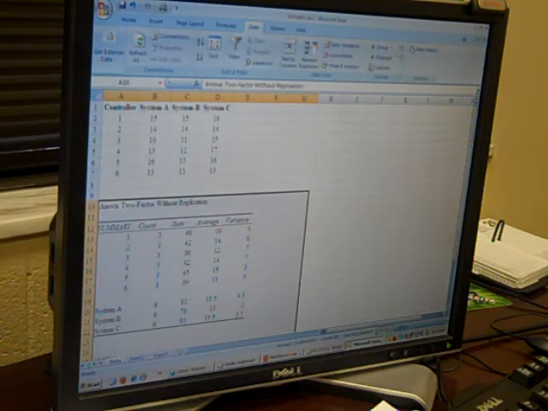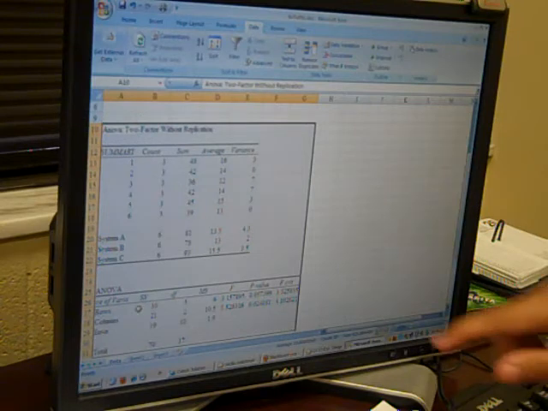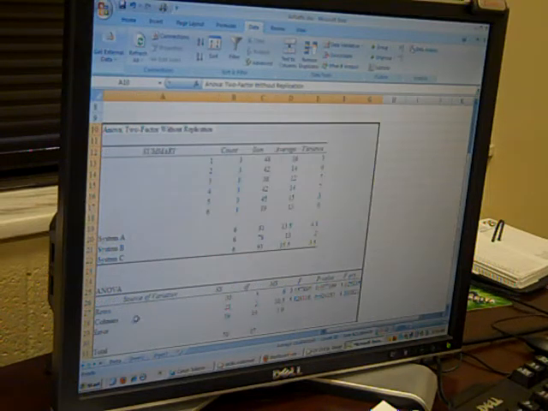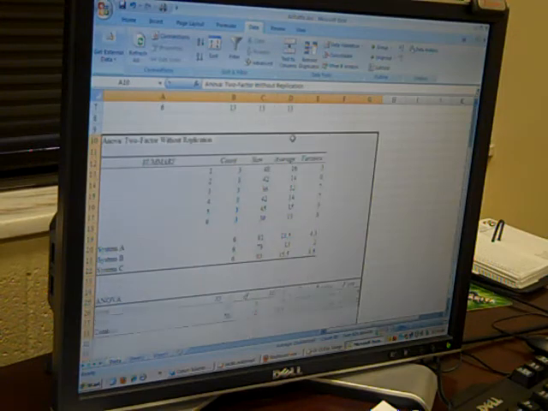Hit OK, and it's very similar to the table, but now it has three rows instead of the within and between elements. You are going to have the rows, and these rows are the blocks, and the columns are the treatments, the systems A, B, and C. This is the treatment that you really want to consider.